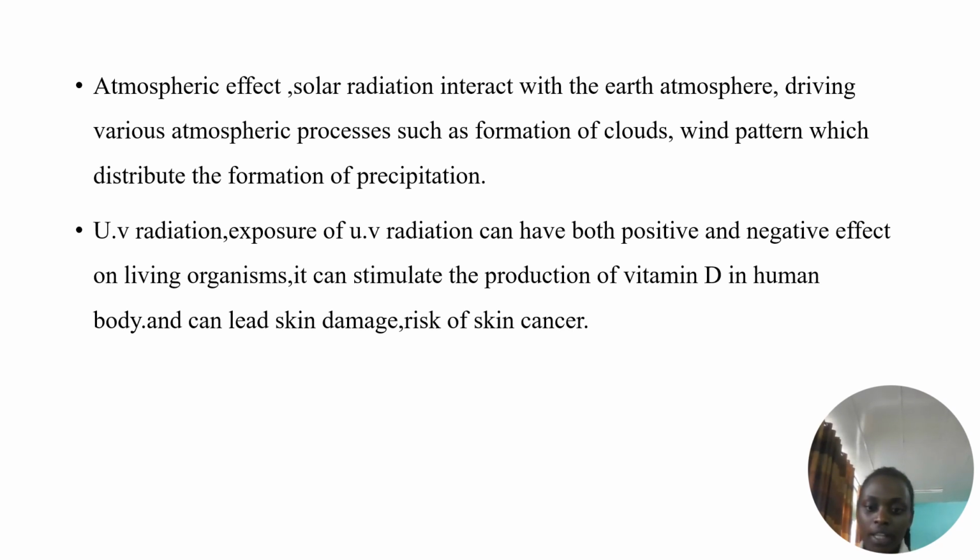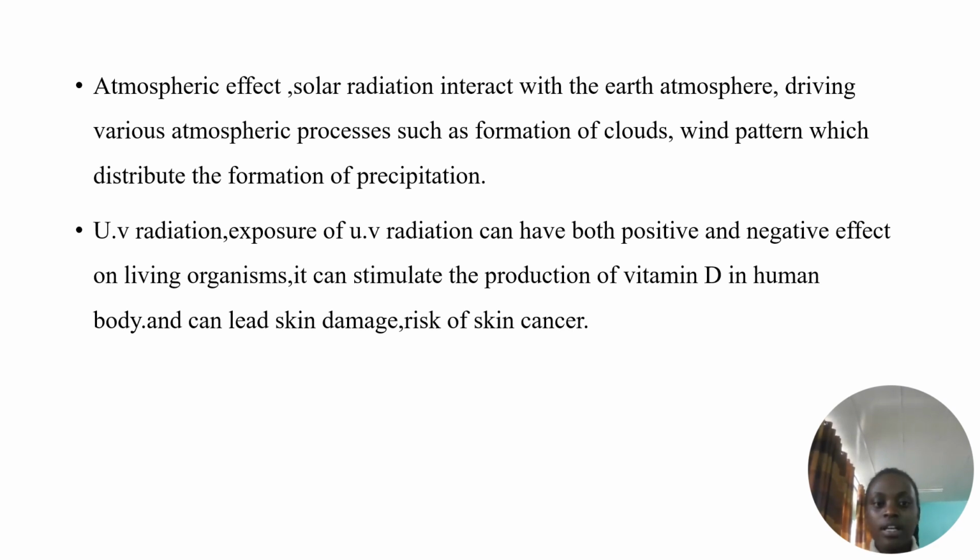Due to solar radiation, those solar rays which are reflected from the earth back to the atmosphere are involved in the formation of clouds, which enhance the formation of precipitation or rainfall to the earth.